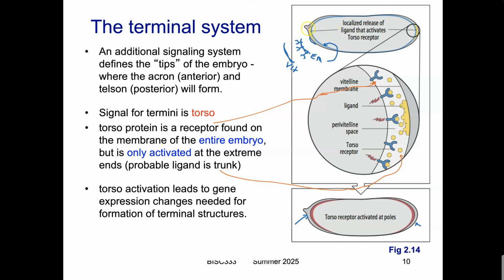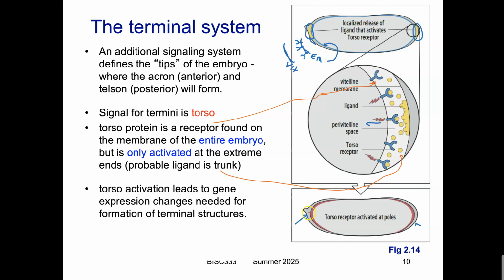But the mom has loaded the ligand for that just at the very termini, the ends, posterior and anterior, of the embryo, and those are being released just there. And so although the receptors are all around, it's only in the very posterior or the very anterior regions that they get activated. And then there's a series of signals that lead to the development of specific terminal structures.